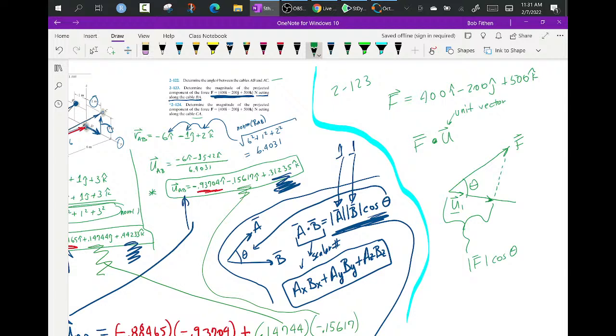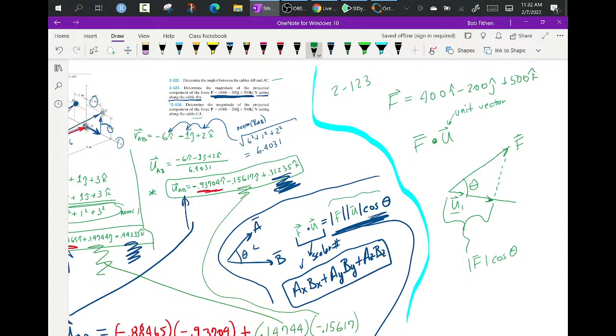Because here's the deal. If you look back at this, and you say, I'm just going to make B a unit vector, and A just happens to be the force, then the right-hand side is what you're looking for.